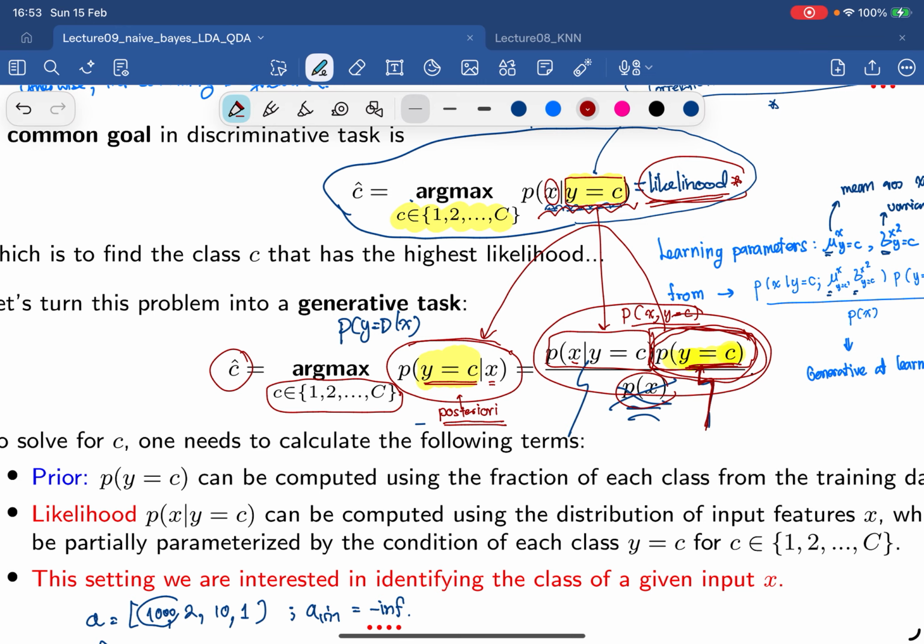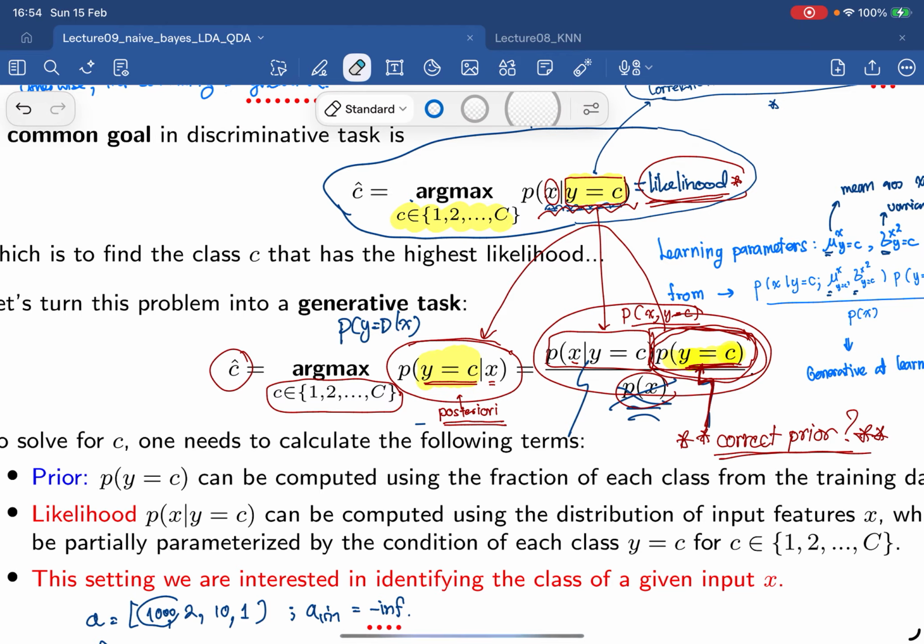But the hardest thing about this is that when you have to include your prior into this likelihood, the challenge is whether or not you have the correct prior. But in these examples of LDA, QDA and naive Bayes, we will see that adding this prior makes sense and could help you make the decision better than just using the likelihood.